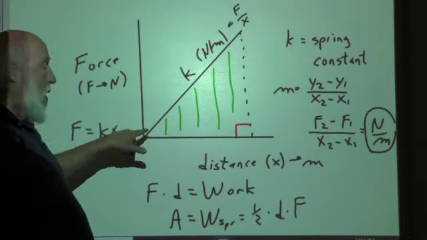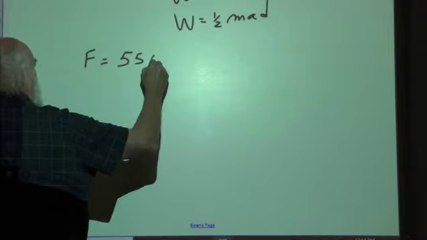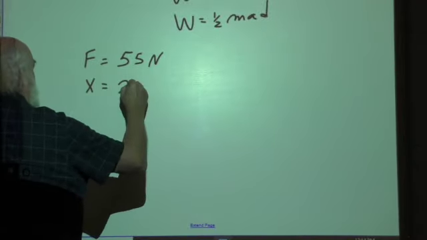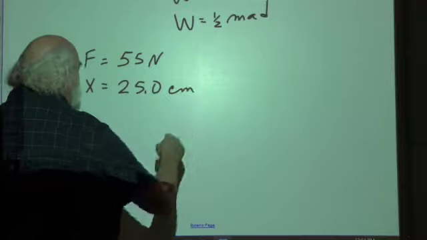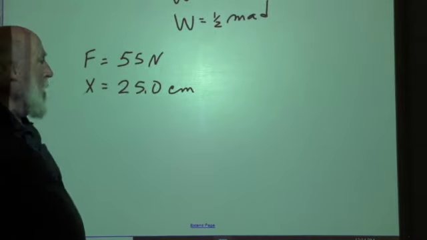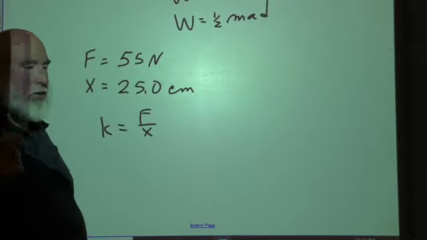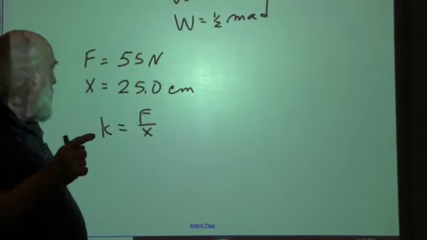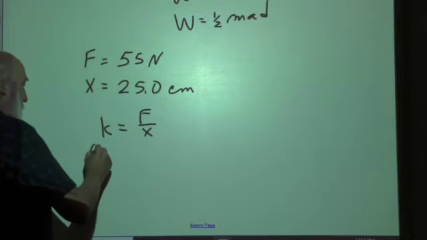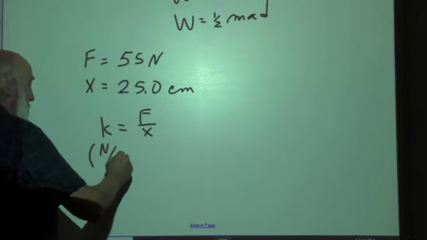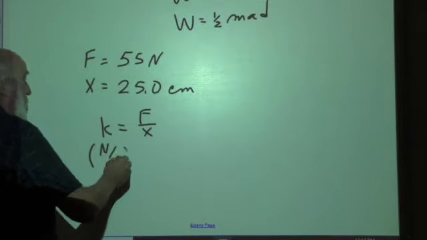All right, so force is 55 newtons, and the distance is 25 centimeters. All right, so the formula then for this is going to be K equals F over X. But we know that the label for this has to be newtons per meter. Well, we got newtons right here, that's 55 newtons.